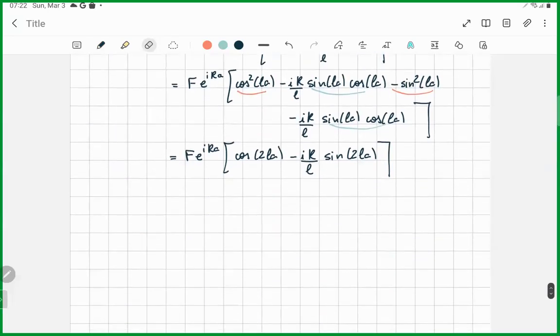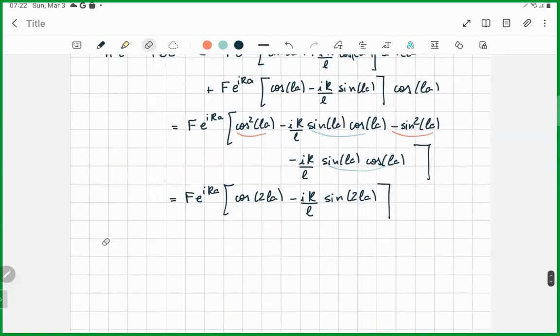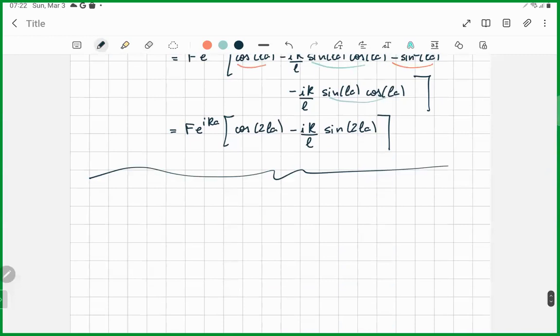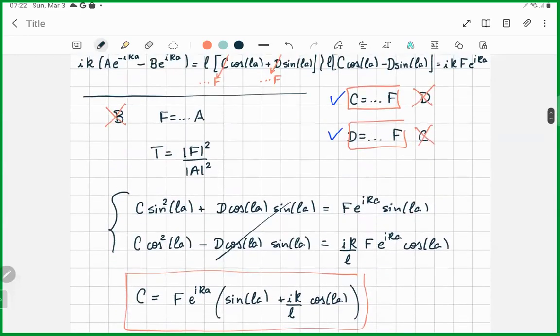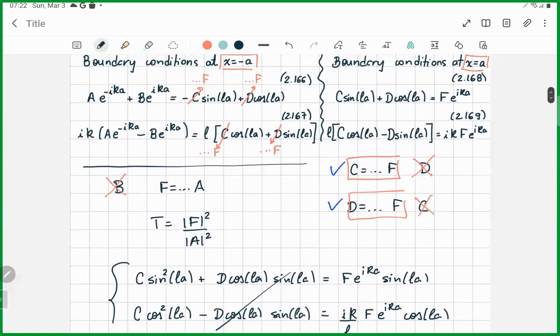Substitute C and D there. Okay, so this equation starts with an ik. You see here there is ik, and here there is L. So I'm going to put this ik here, L divided by this ik, okay?